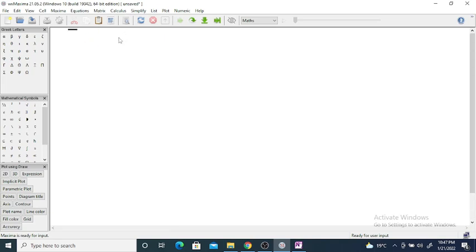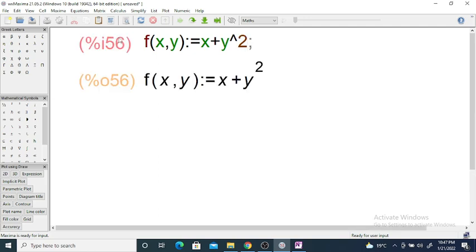Now we are going to use Maxima to solve Picard's method. So first we assign f of xy equal to x plus y square.